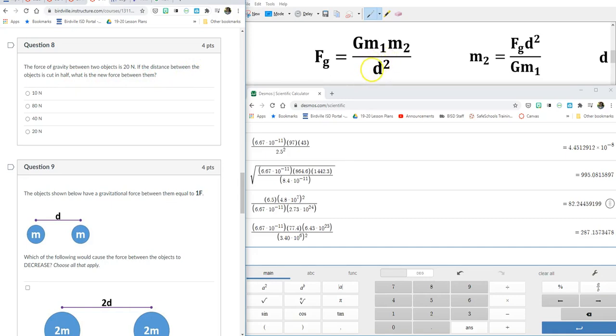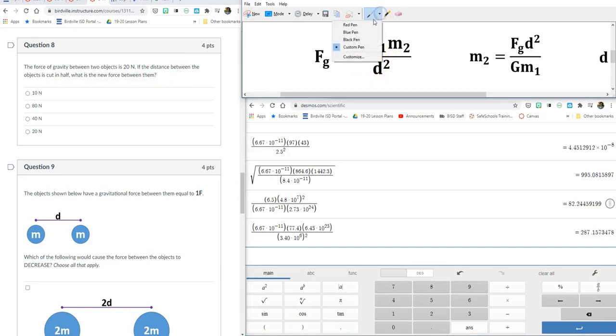So if we look at our equation over here, and I'm going to write on it just a little bit. If we leave G out of it because it's a constant, and I know that my force is 20 newtons. If I cut my distance in half, so 1/2 of my original distance, what's the new force?